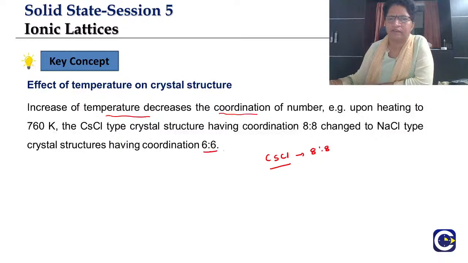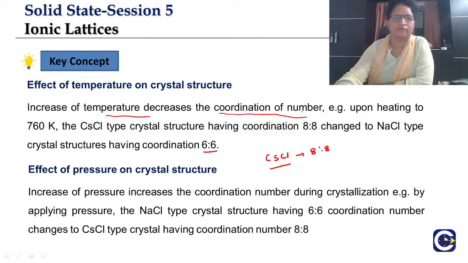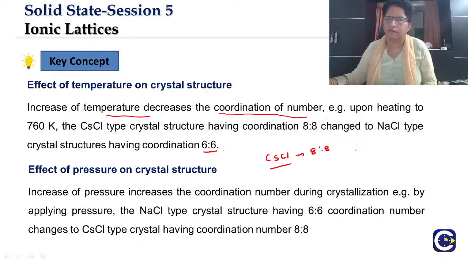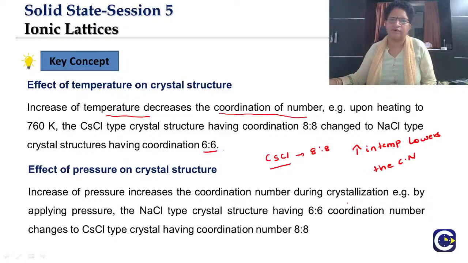So when we increase the temperature, there would be a change in the coordination number of the crystal structure. Pressure, the other way around. So increase in temperature lowers the coordination number. Increase in pressure increases the coordination.